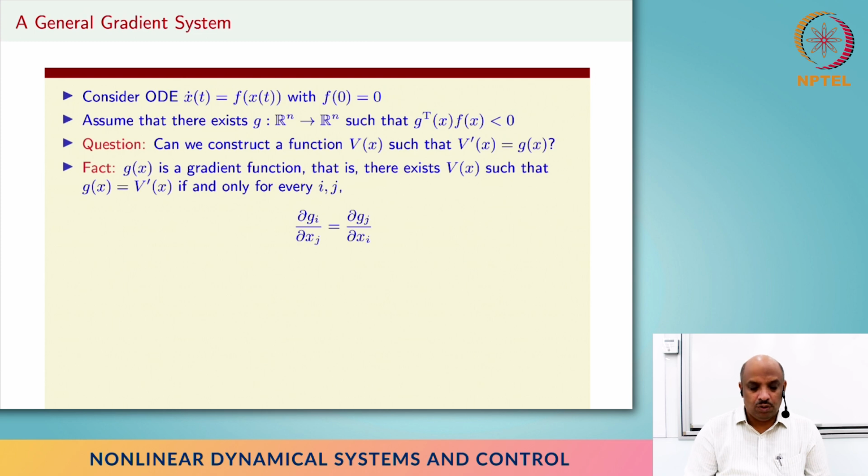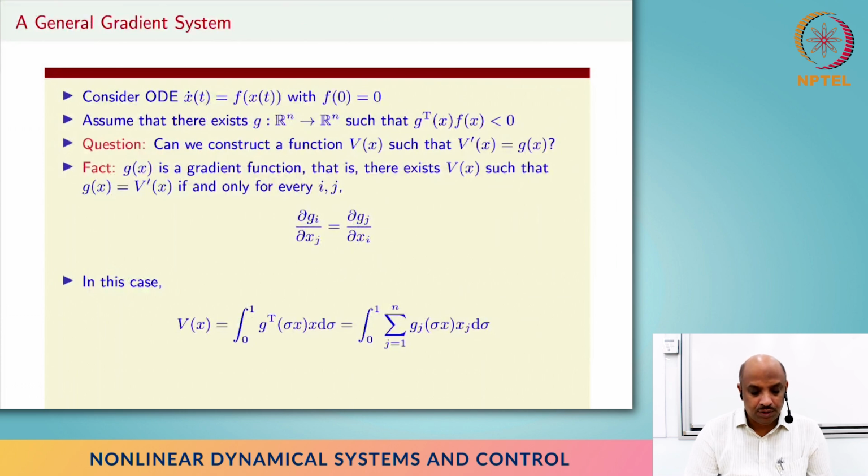So we should not only look for some g that satisfies g transpose f less than 0, but we should actually be looking for functions that satisfy this condition. The native f may not satisfy this condition, and therefore we have to impose this particular condition. If we have it, then we can find v.